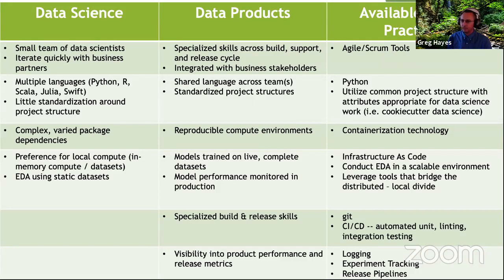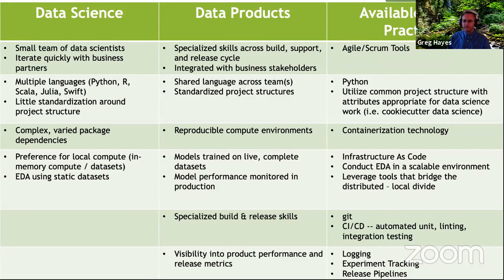Leveraging things like infrastructure as code, which Kubernetes has really revolutionized, opens up the opportunity to train models at scale and on demand. We want to be able to conduct our EDA in a scalable environment without having to move code or change languages. And we want to leverage tools that can bridge that distributed to local divide. And we'll talk a little bit about that in just a moment.